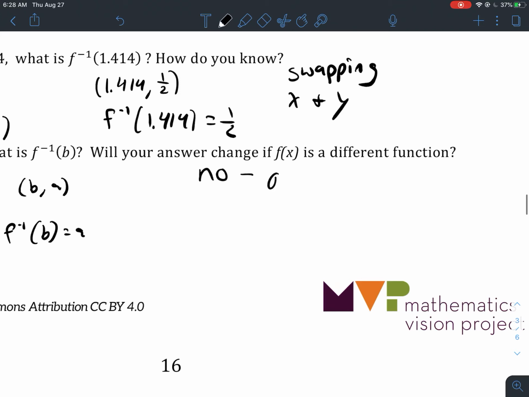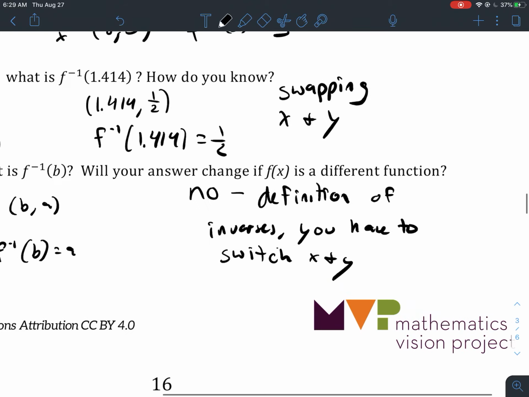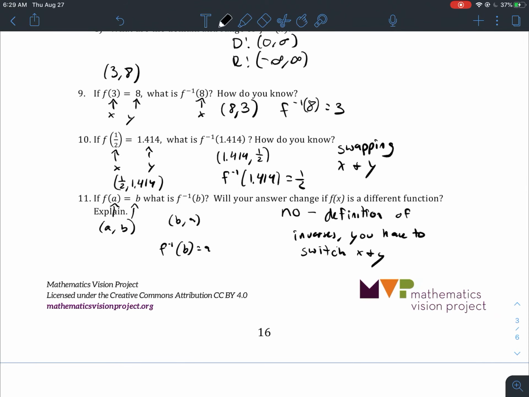No. Basically, by the definition of inverses, you have to switch the x and y values.